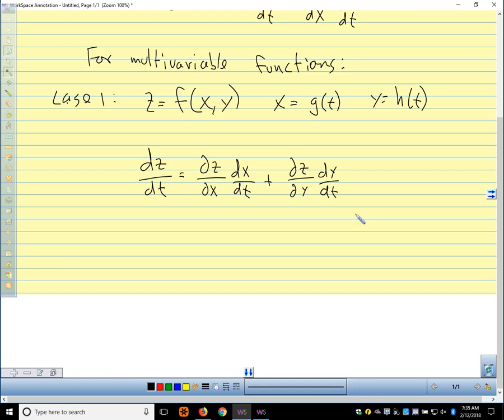And notice I use the normal d's for dx/dt and dy/dt because those are just single variable functions, and we use a normal d for the derivative of z with respect to t because z is implicitly a function of just t.